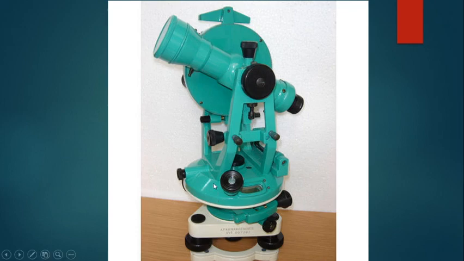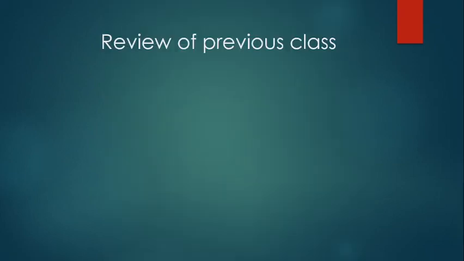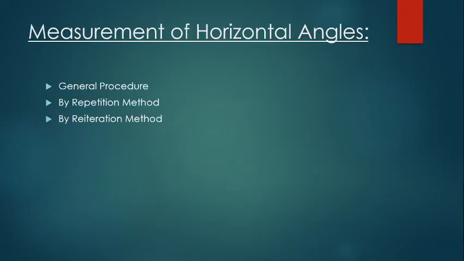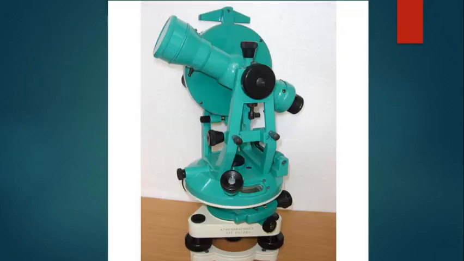In earlier classes we have discussed each component and its function, where we are going to use all these. And also we have discussed various technical terms or definitions we come across in theodolite surveying, such as the fundamental lines of theodolite.